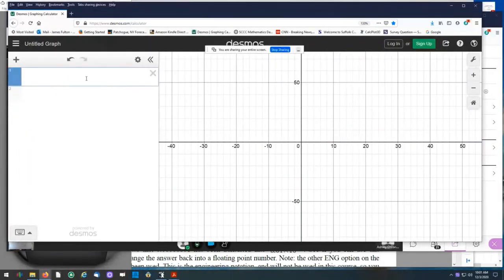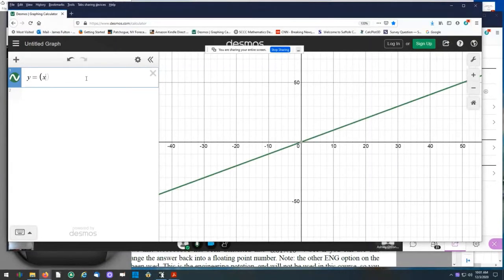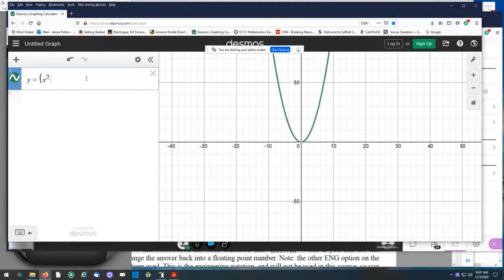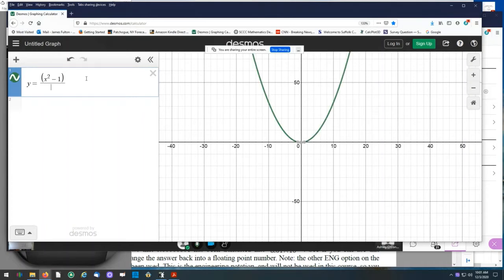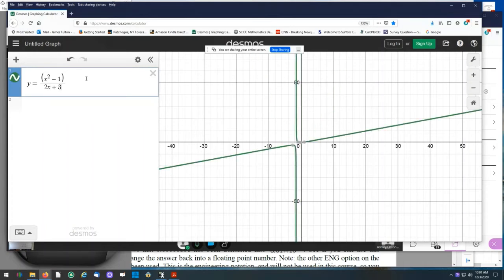So let's try this one. Y is equal to x squared minus 1 divided by 2x plus 3. And notice what happens here.